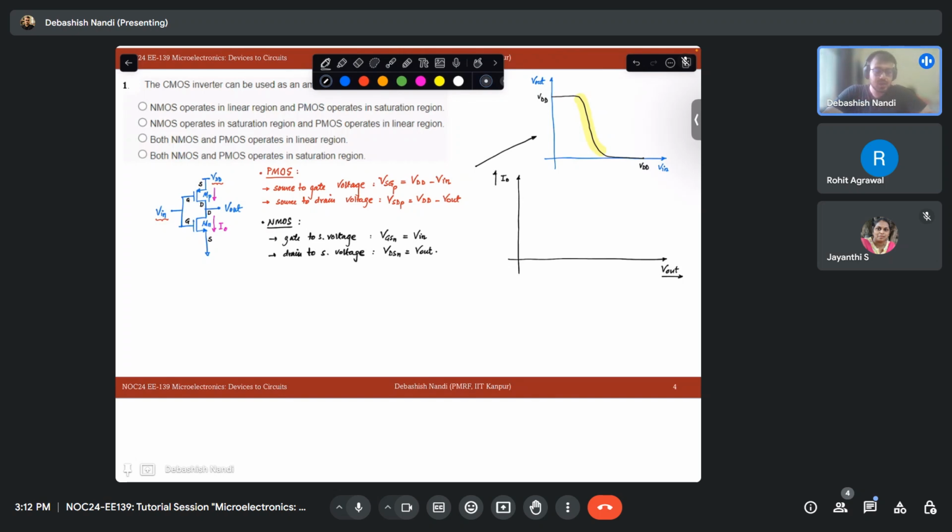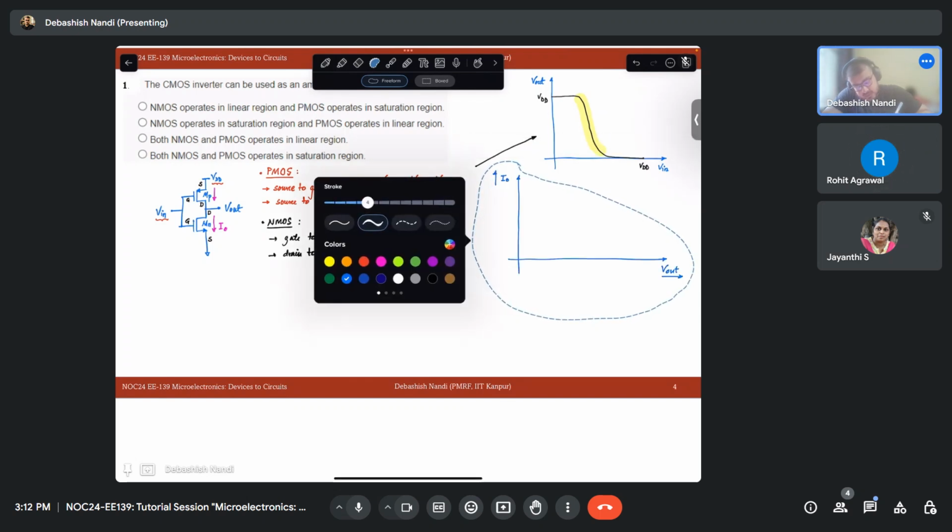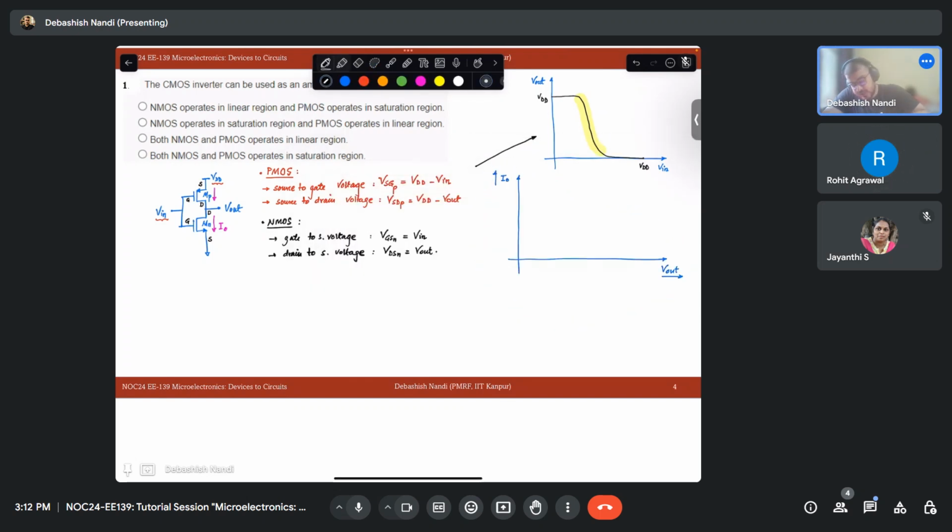Let me change the color of the axis. For the case of NMOS, let's say my V in is 0. This is simply ID versus VDS for my NMOS.